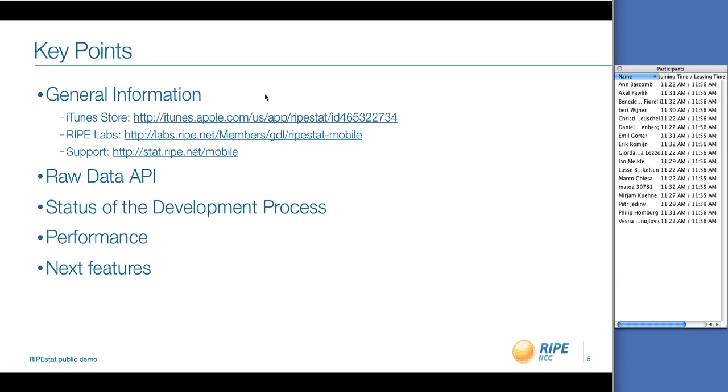We will describe the key role played by the raw data API that we publicly expose. We will also have a look at the status of the development process as it is now. And we will have a look at the performance, because now we are experiencing some kind of performance issue related to very big ASs caused by the usage of the old API for the geolocation data. And finally, we will also list the non-functional requirements that we are willing to implement in the next releases.